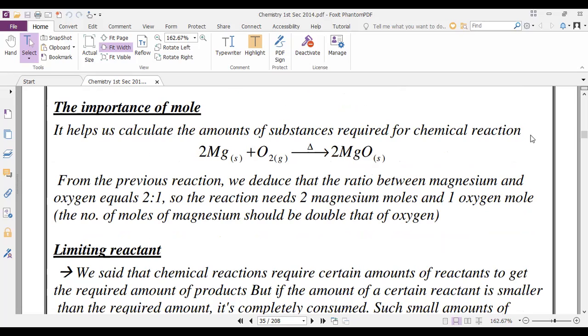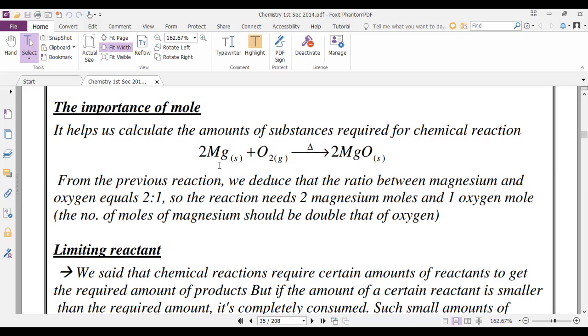So the reaction needs 2 magnesium moles and 1 oxygen mole. The number of moles of magnesium should be double that of oxygen. So we can understand that 2 moles of magnesium must react with 1 mole of oxygen gas to produce 2 moles of magnesium oxide, right? Yes.